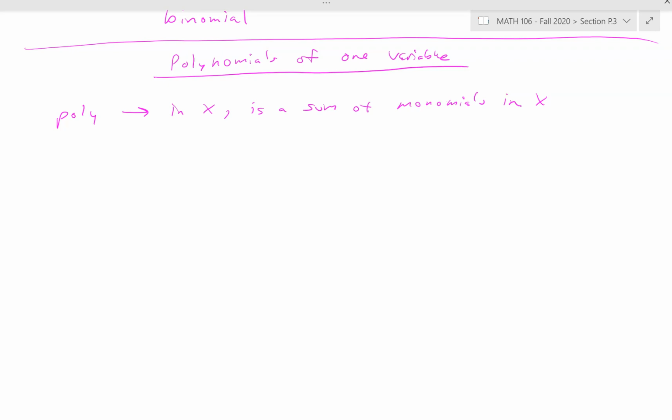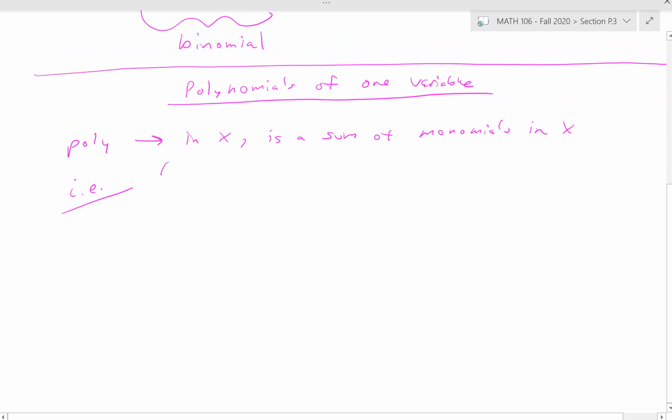So I'm going to give you just an example. The book has a really long equation that gives you the general look of any polynomial. I don't know that that's super necessary, but here's an example. Something like 6x squared plus 2x plus 1. All right, that's a polynomial.